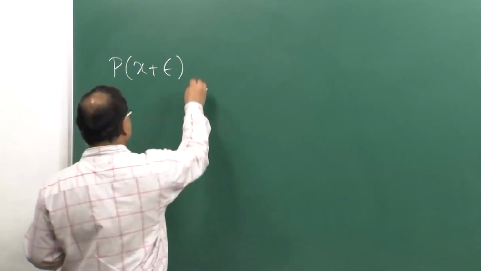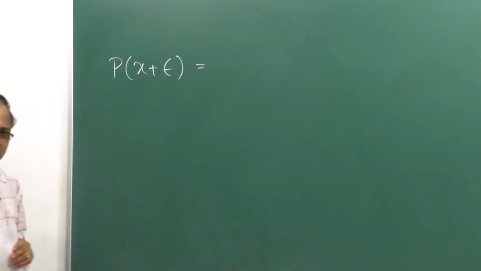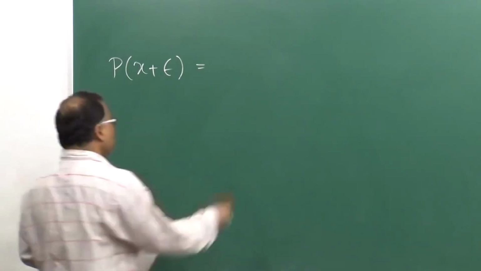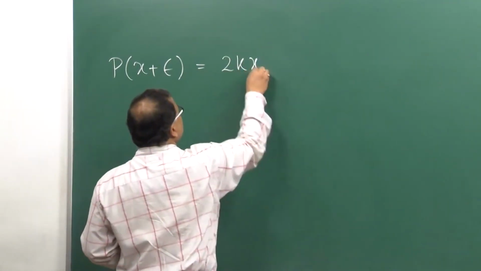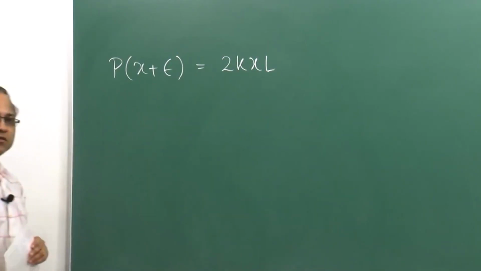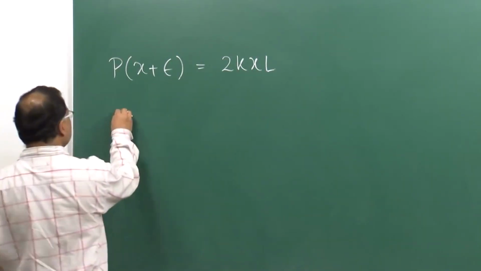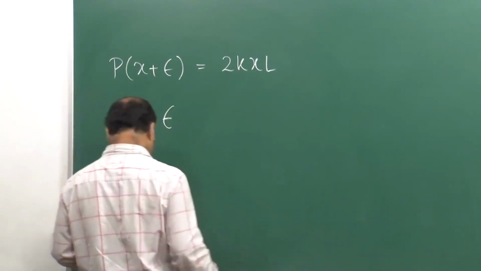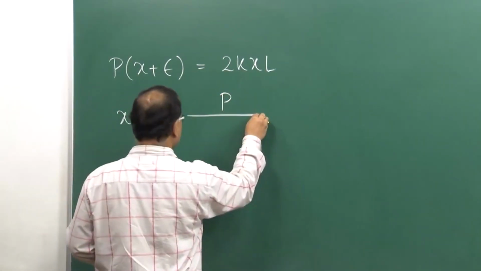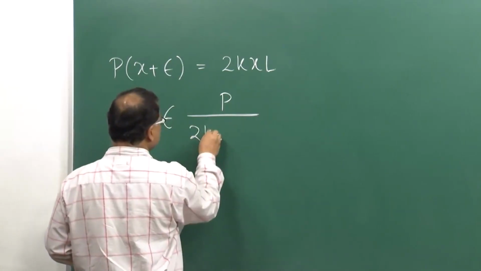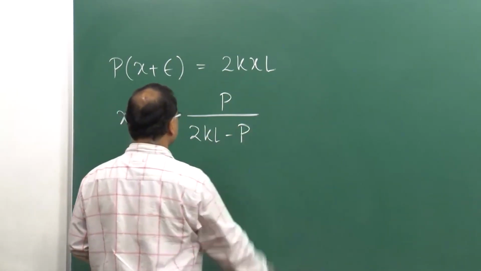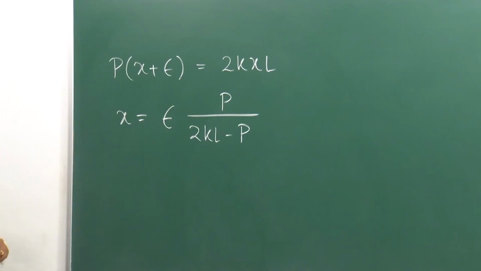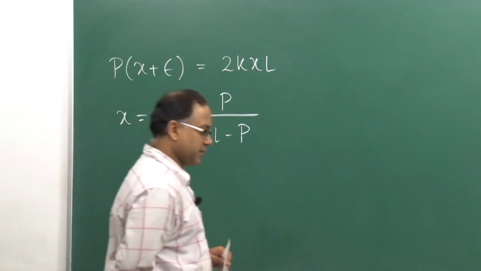That is your upsetting torque with respect to point B, that means at the support, equal to twice K into XL, that is your restoring torque. From this I can write x equal to epsilon P by twice KL minus P.